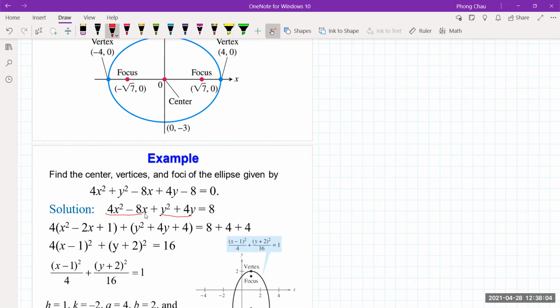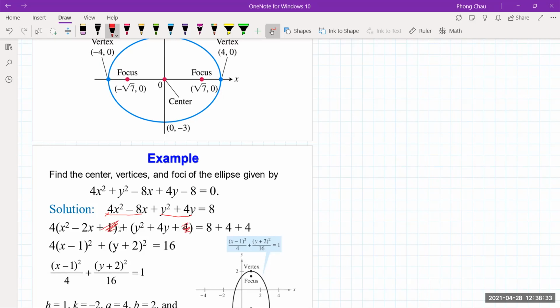And to complete the square, I group these two together. Now, in order to complete the square, you need to have leading coefficients be 1. So you don't want the 4, so here we factor out the 4. If we factor out the 4, we have x squared and then minus 2x, with a blank space. And then you have y squared plus 4y, with a blank.